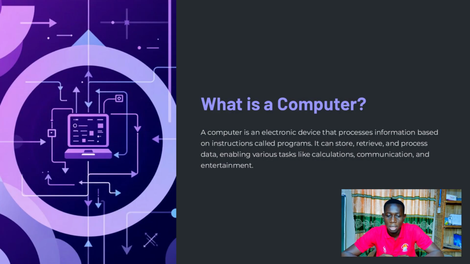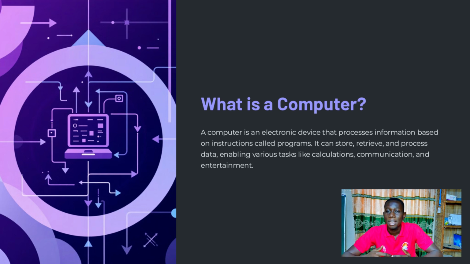We said in the beginning, a computer is an electronic device. Underline the word electronic. It processes information based on instructions called programs.